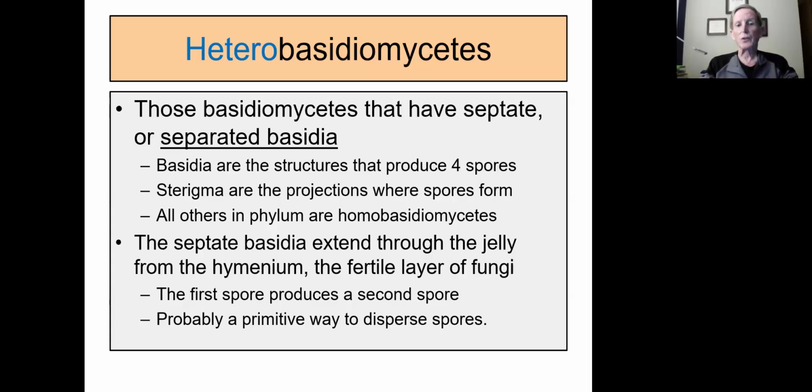But the basidia extend through the jelly from the hymenium, the spore surface where it grows, out into the air through the jelly, and then they release the spores. Sometimes it's one spore creating another spore, a second spore, which is all really, really unique. Why is there jelly?